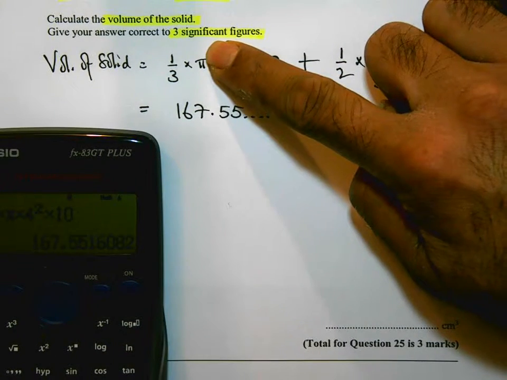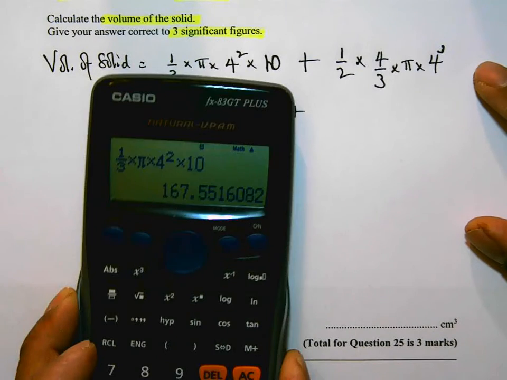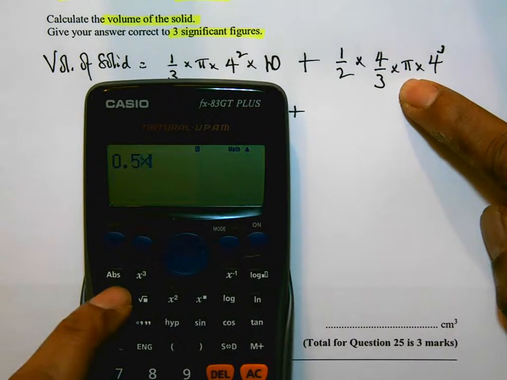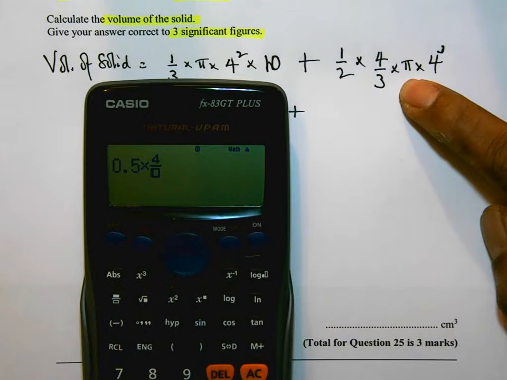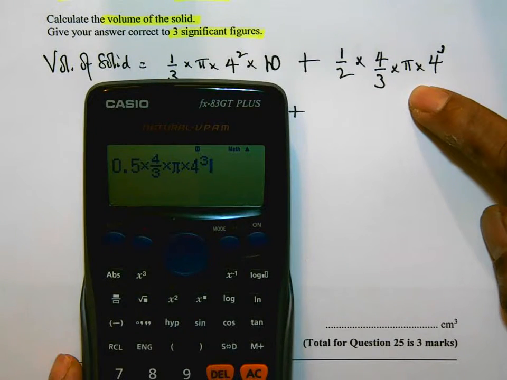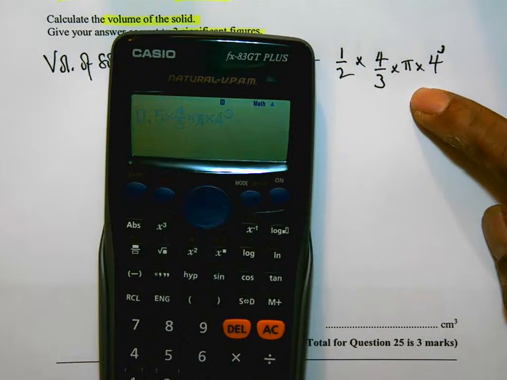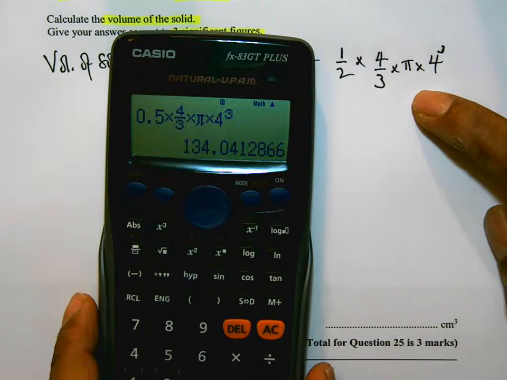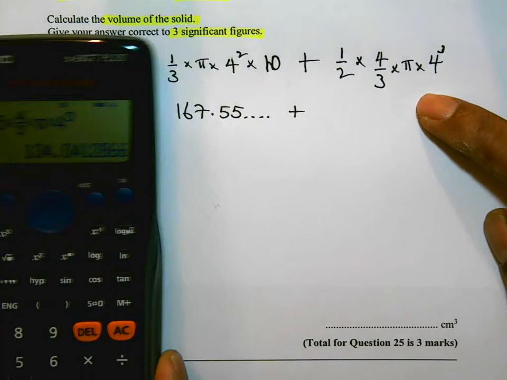If I look at the next one, a half, I'm going to write 0.5 times 4/3, 4 over 3, times shift pi, times 4 cubed. So I've used the calculator to enter all the values there. Press equals, press the SD button. I have 134.04 and so on.